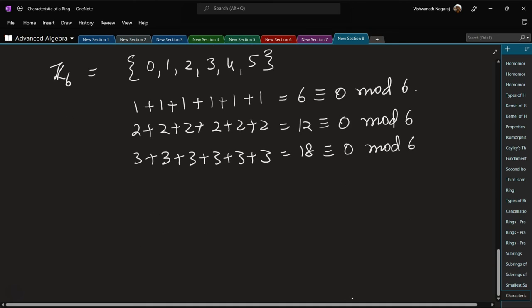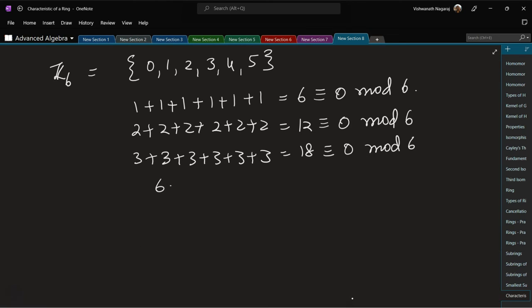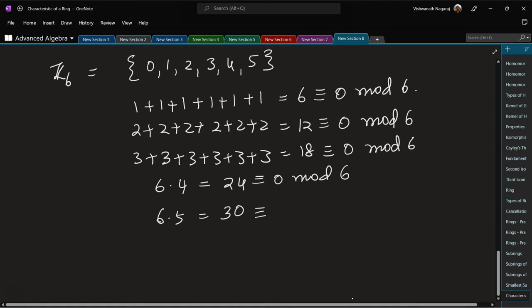Now, instead of writing it 6 times, I can say 6 times 4 is equal to 24, which is again congruent to 0 mod 6. 6 times 5 is 30, which is again congruent to 0 mod 6. So therefore, the characteristic of Z mod 6 is equal to what?